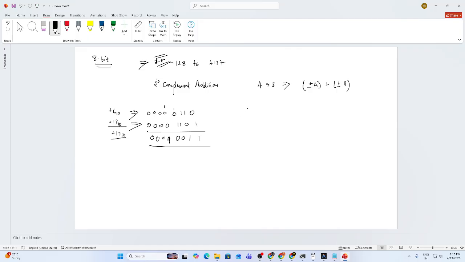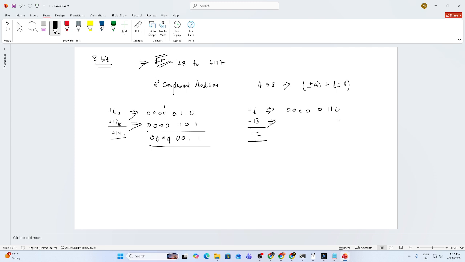Let us take one number as positive and another as negative. In this case you should get the result as minus 7. Plus 6 is represented as 0000 0110. Now minus 13: I know the plus 13 representation, so I need to take its 2's complement to represent minus 13.